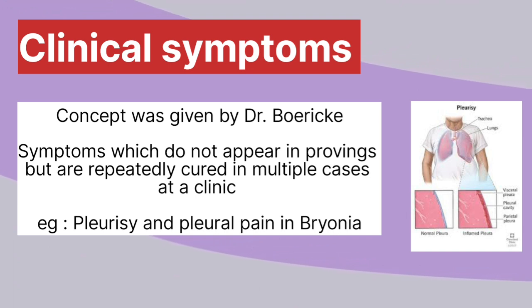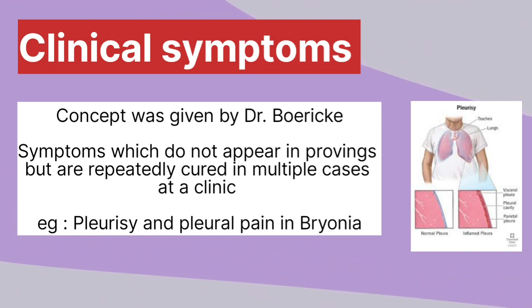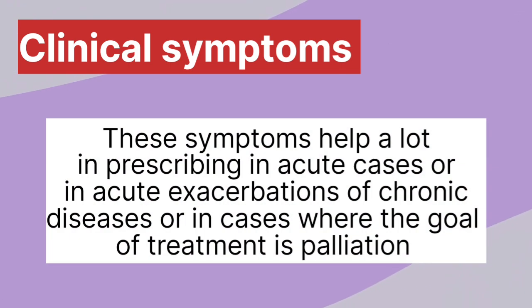Example, pleurisy and pleural pain of Bryonia were not at all marked in the proving, but were cured repeatedly in the patients of pleurisy when prescribed on other symptoms, and thus were later included in the materia medica of Bryonia. These symptoms usually help a lot in prescribing in acute cases or in acute exacerbations of chronic diseases or in cases where the goal of treatment is palliation.